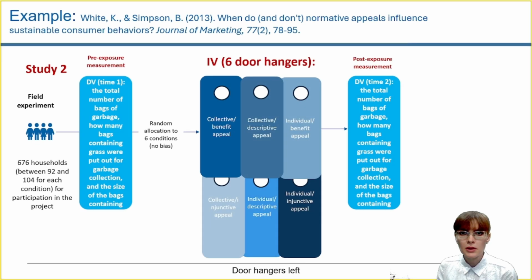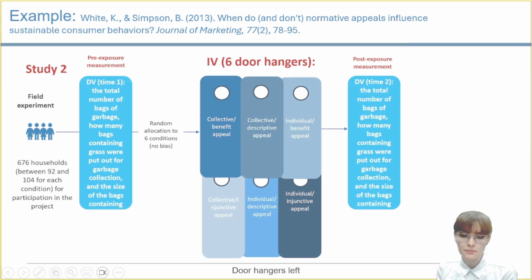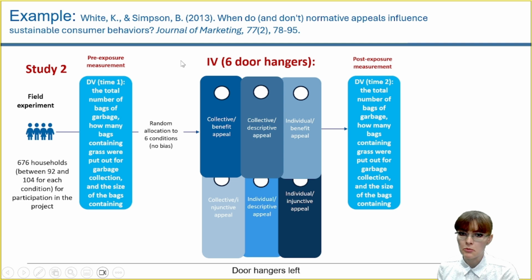Here is an example. It comes from the Journal of Marketing, from a paper published in 2013, where researchers were looking at the effect of different social norms on consumers' grasscycling. I've talked about this example in another video where I discussed field experiments. If you're not sure what a field experiment is, please watch that video.